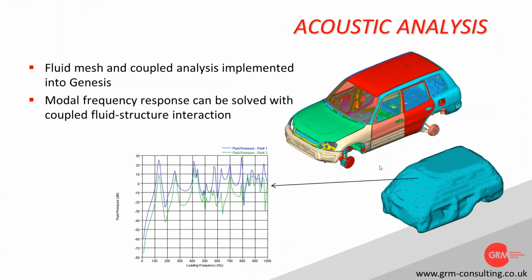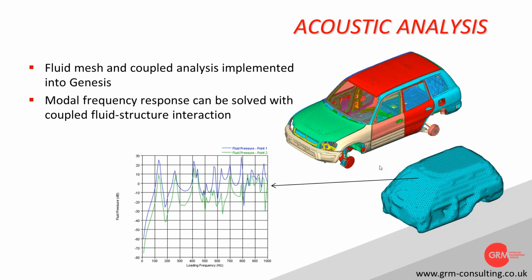Right then, moving on to the next key enhancement in terms of the analysis capabilities, which is acoustic analysis. Inside Genesis now, MFLUID property and element definitions can be created. We can read these directly from any other Nastran type input or generate them directly within Design Studio.